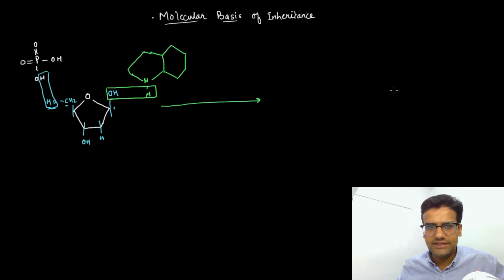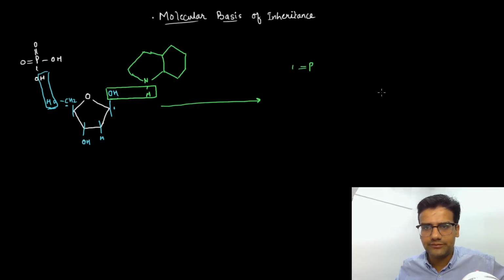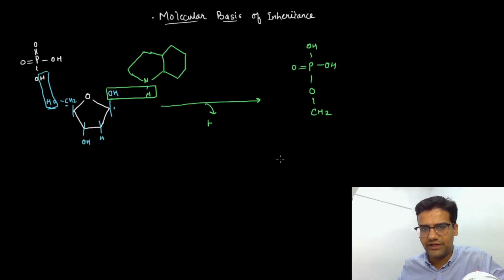As a result of this, the product of this reaction would be P double bond O, a hydroxyl group, again a hydroxyl group, and this is connected by O to CH2, and there is a release of two water molecules, of course. This is the CH2 of the deoxyribose sugar.